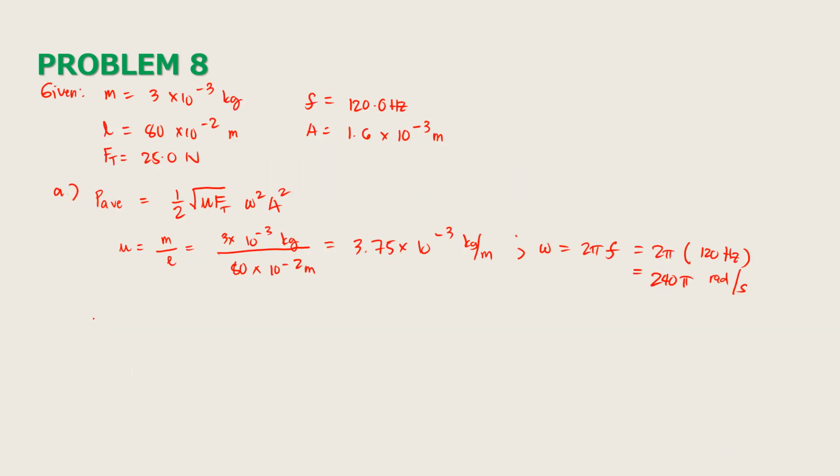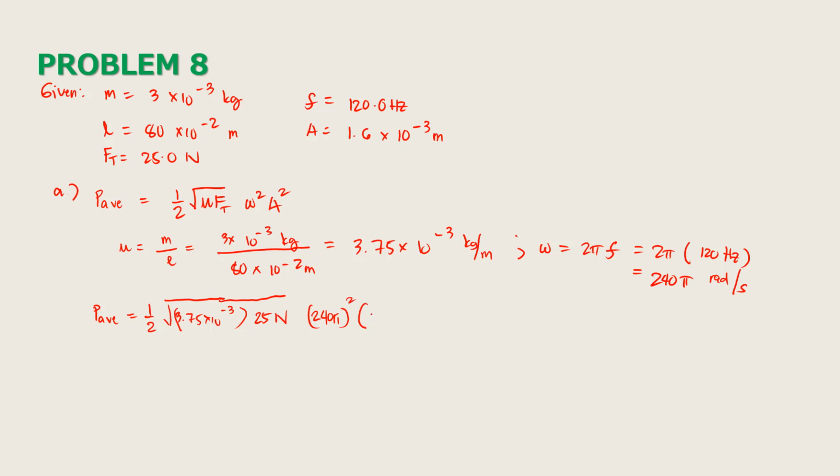We substitute all the values. We have P average is equal to 1/2 times the square root of mu, which is 3.75 times 10 to the negative 3 kilograms per meter, multiplied by the tension, which is 25 newtons. And then we have omega squared, 240 pi radians per second squared.